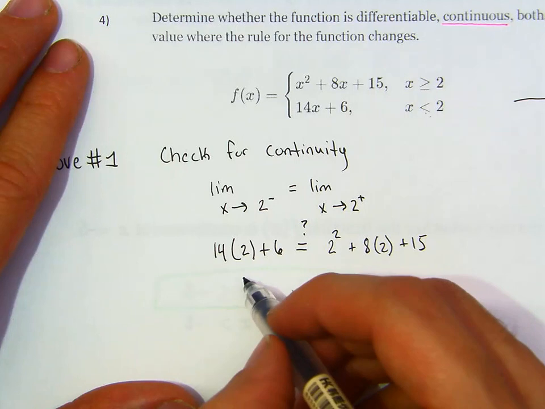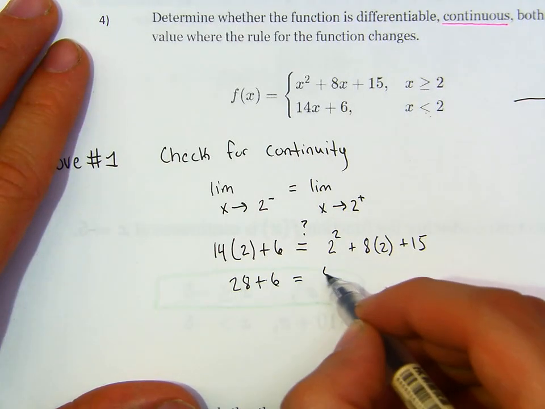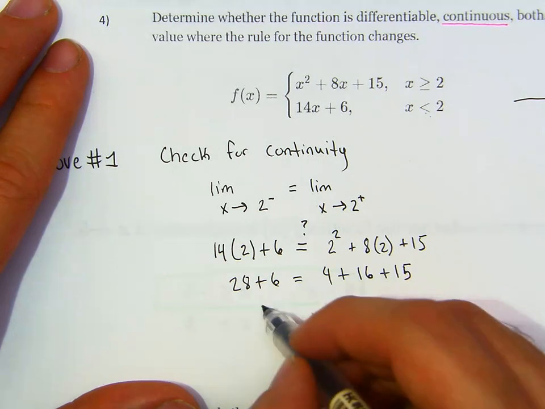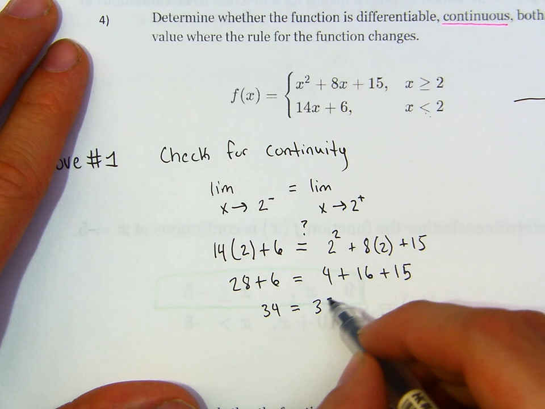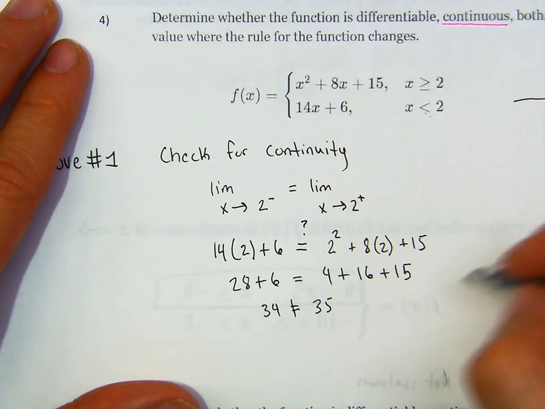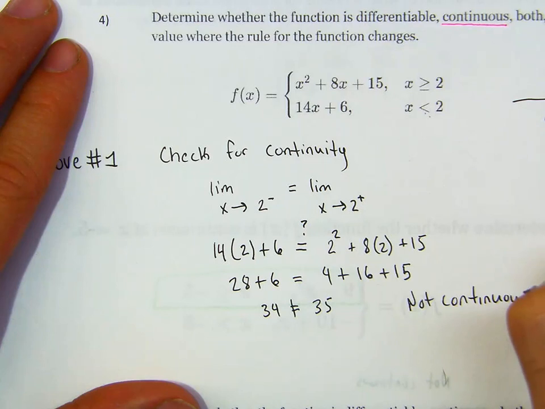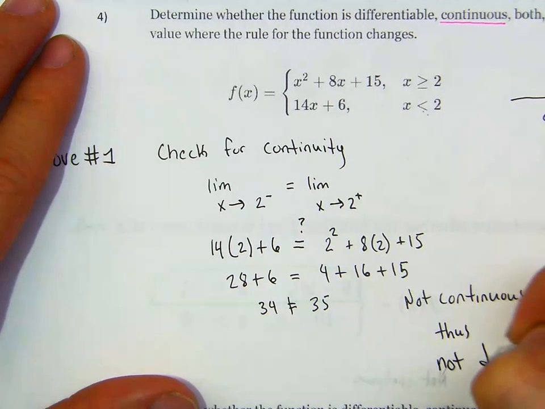This is 28 plus 6. This is 4 plus 16 plus 15. So this is 34, and this is 35. So no, not continuous. And if it's not continuous, thus not differentiable.